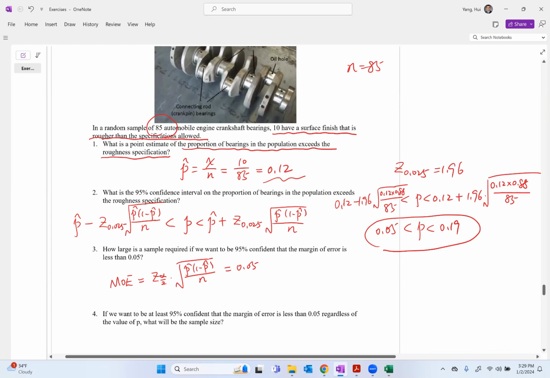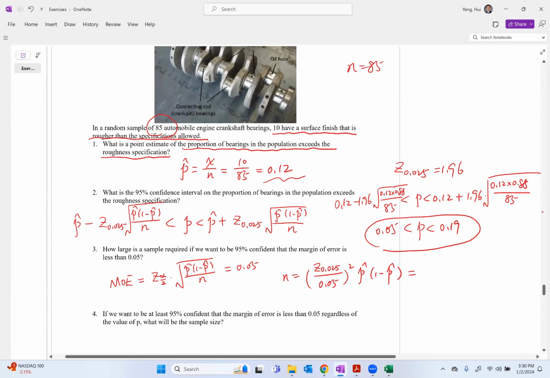Now let's derive n. n will equal Z alpha over 2, Z 0.025, divided by 0.05, and then squared, times P hat times 1 minus P hat.